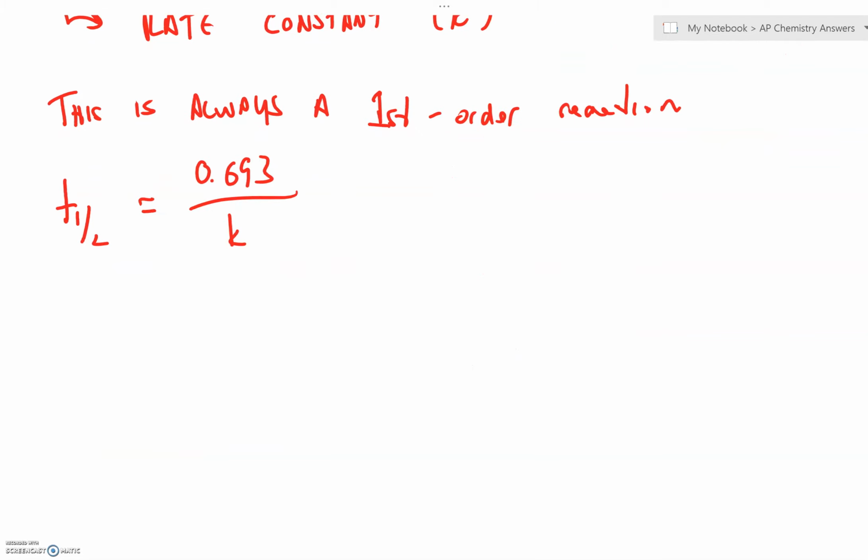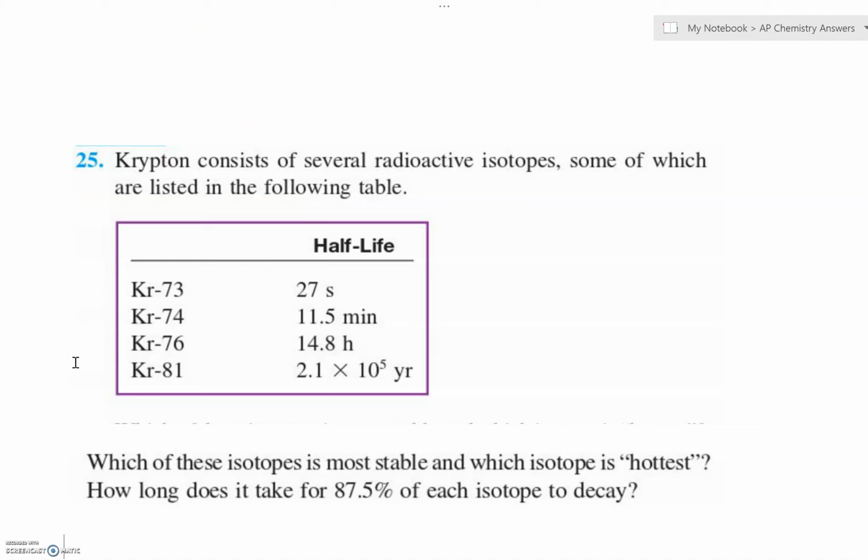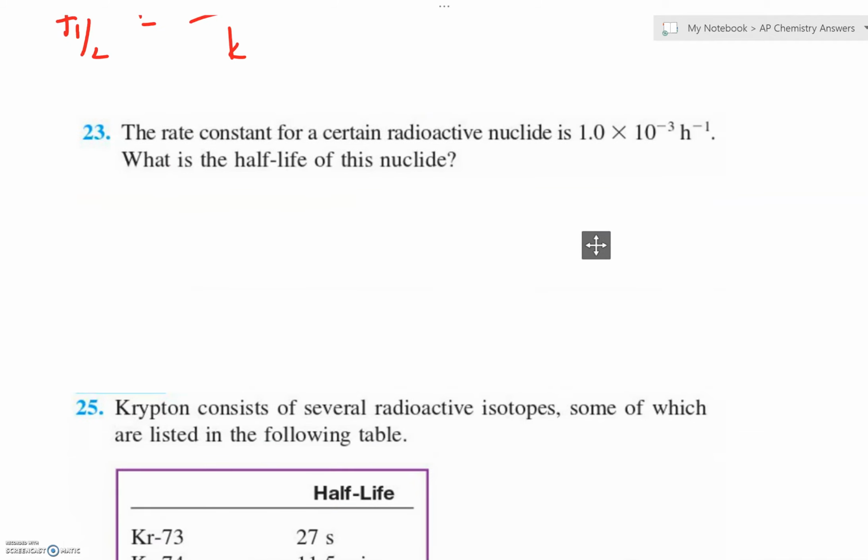Here's how we use this. This is another problem I would have assigned in normal times. It says the rate constant for a certain radioactive nuclide is 1 times 10 to the negative third decay events per hour.